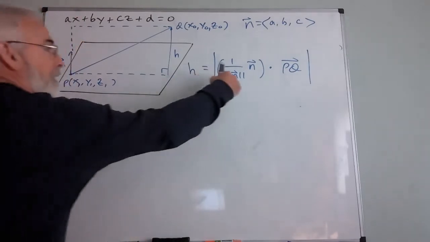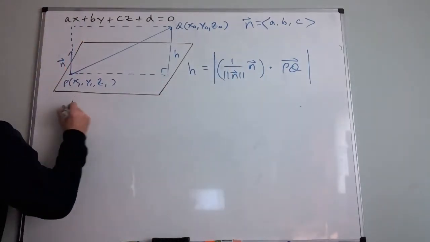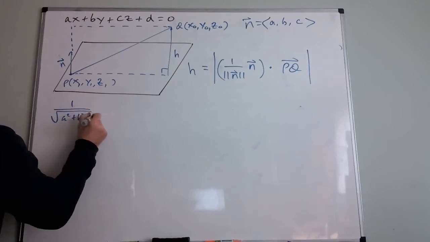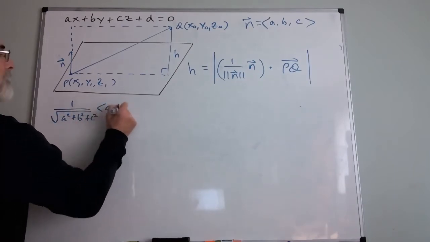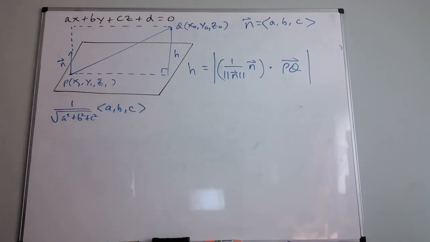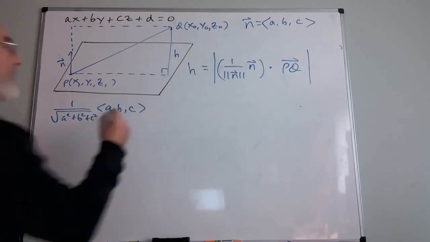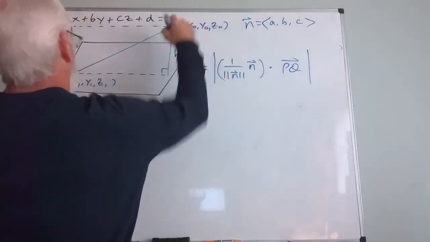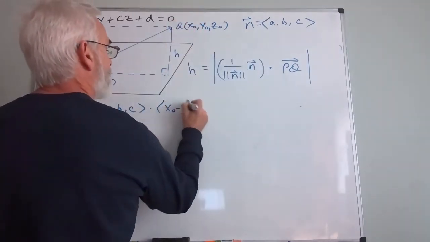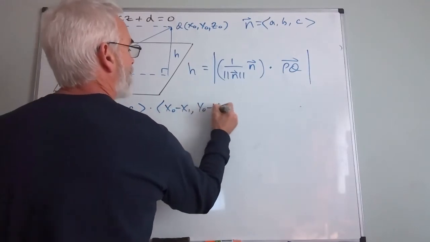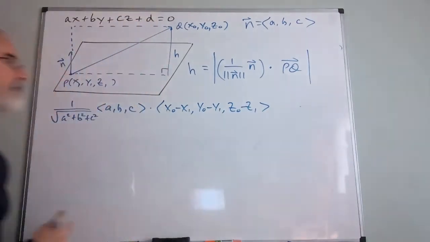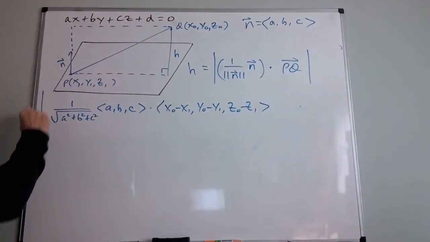So let's start with this. That's going to be 1 over the square root of a squared plus b squared plus c squared times the vector a, b, c. That's the unit vector in the direction of n. We're going to dot that with pq, which is the vector x naught minus x1, y naught minus y1, z naught minus z1. All of this in absolute value.